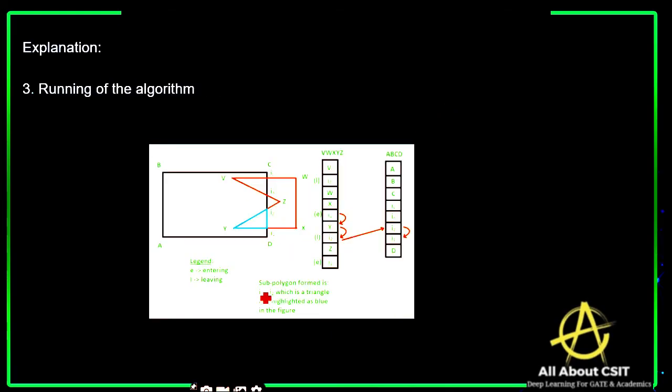Now, running the algorithm. E means entering and L means leaving. The sub-polygons are formed as follows. These lists I had already written, so now run the algorithm. Start with I2.